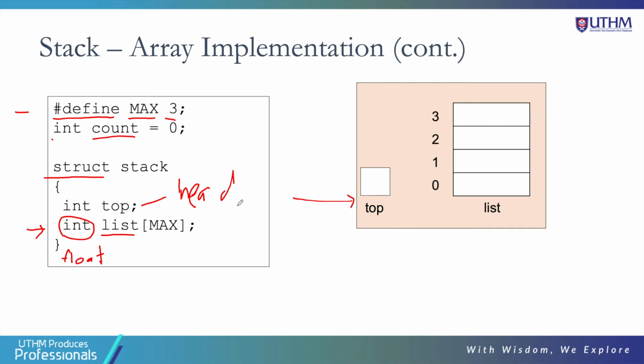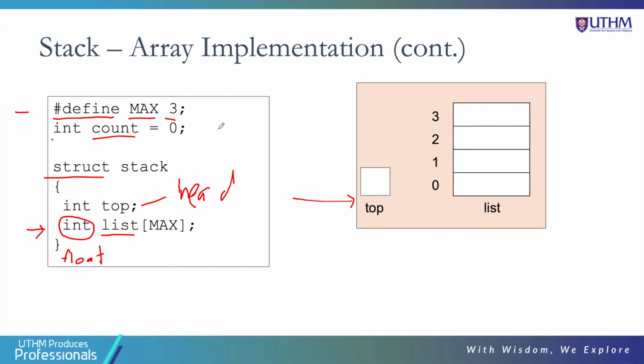Then int list max. List is the data that I'm intending to store in this stack, so it is of type integer. Whatever I'm storing here is an integer. Max is the size of list.